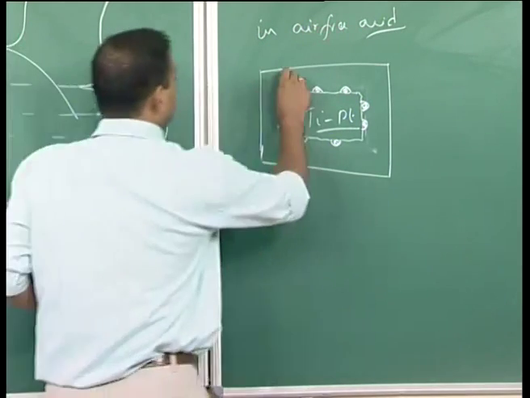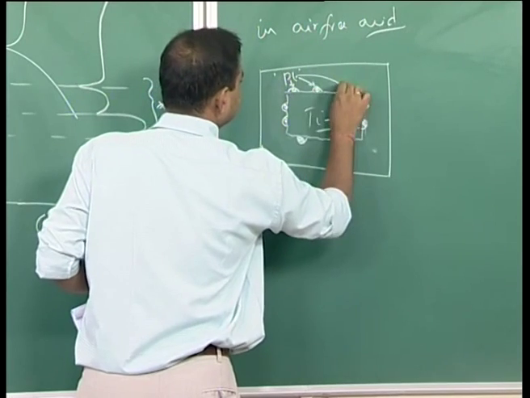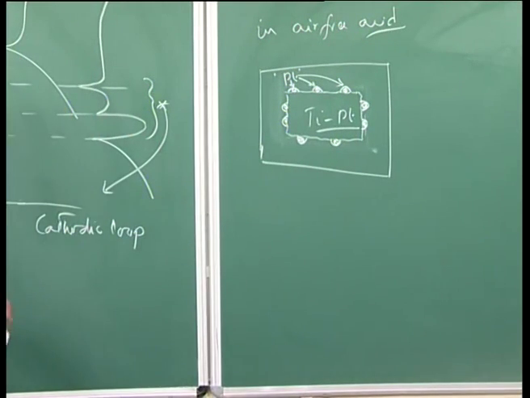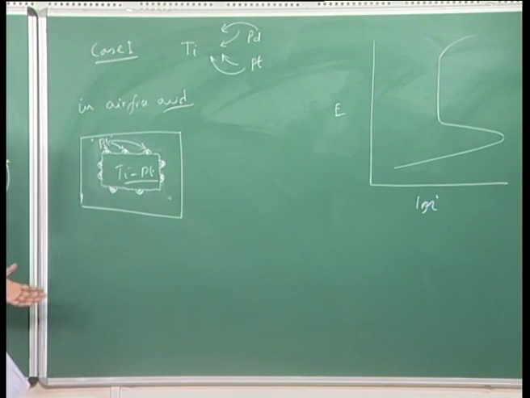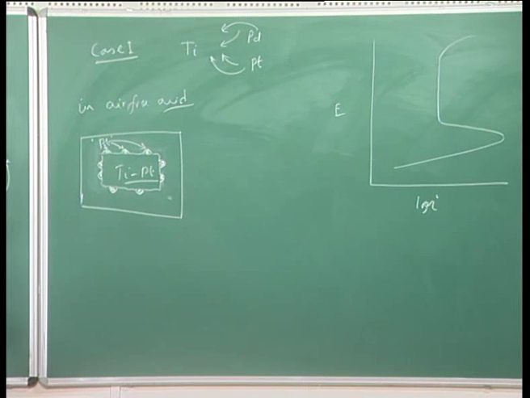These are all platinum enriched zones. Now, initially the cathodic reaction that is taking place is hydrogen evolution on the titanium surface, since it is an acid medium.